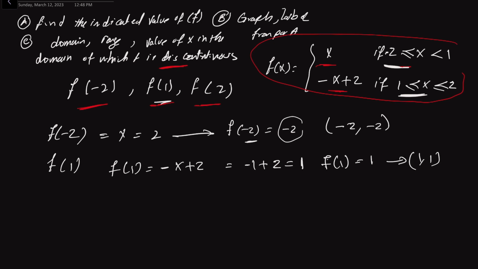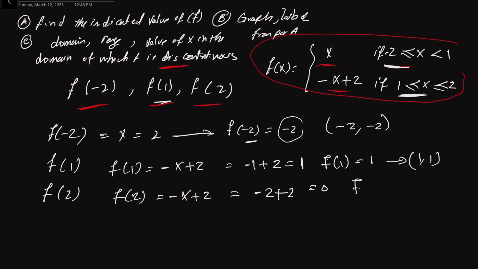And then the third point, f of 2. It's the same thing: f of 2 is equal to the second expression, negative x plus 2, so negative 2 plus 2, which is equal to 0.